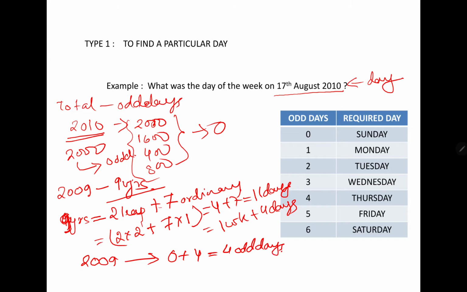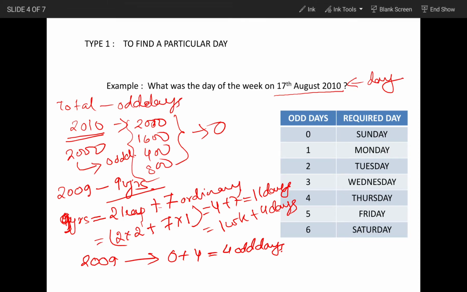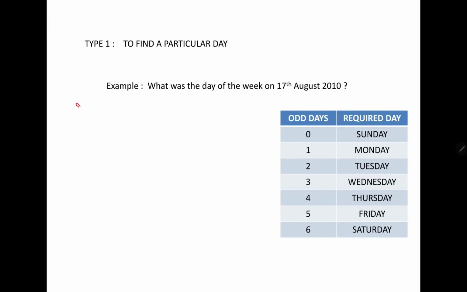Now for 2010, it will start from January. We have 31. Now February, since it's not a leap year, it will have 28. Then March, how many days do we have in March?